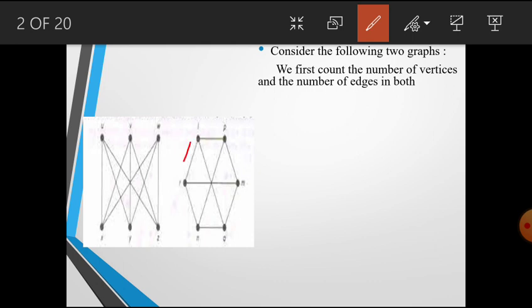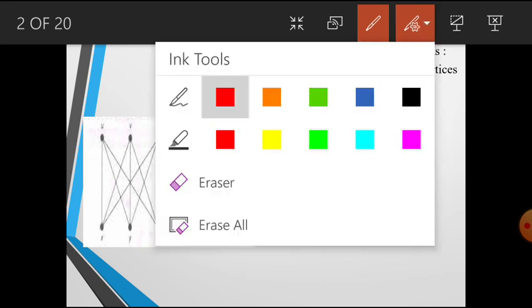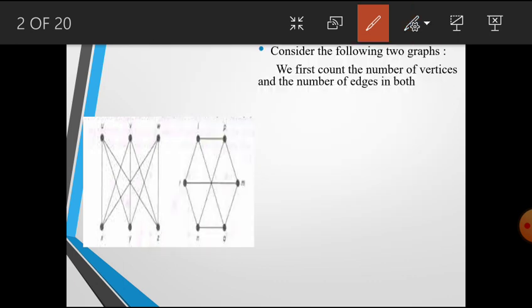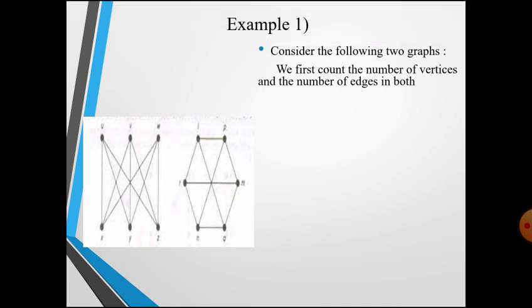Similarly, there are 9 distinct edges in graph G2. Hence, there are the same number of vertices and the same number of edges in both graphs. Therefore, we are looking forward to checking the isomorphism. We are looking for a 1-1 correspondence.